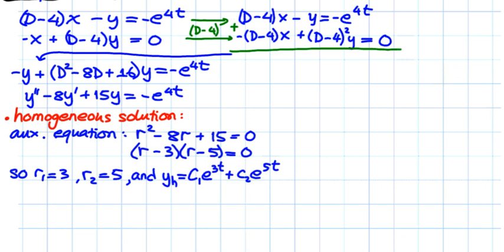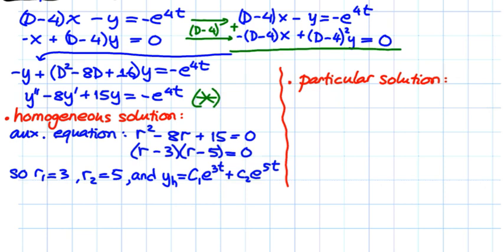Next, we solve for the non-homogeneous solution. I think we can continue on this side. Particular solution. We look at this equation and the form of the input function on the right.